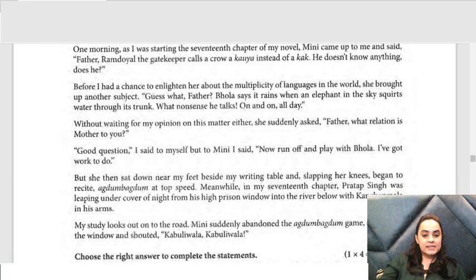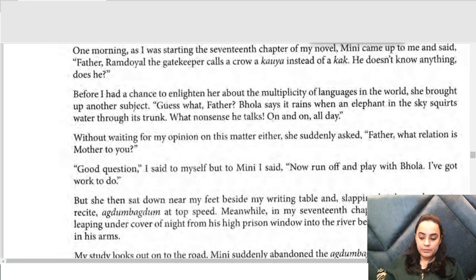One morning, as I was starting the 17th chapter of my novel, Minnie came up to me and said, "Father, Ramdayal, the gatekeeper, calls a crow a kawa instead of a crow. He does not know anything, does he?"